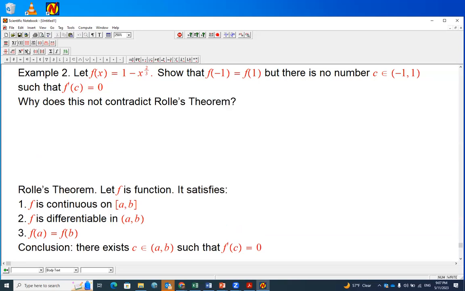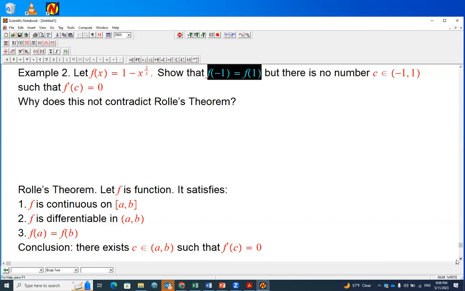Rolle's theorem says if all 3 conditions are satisfied, and here we are first asked to show f of -1 equals f of 1. But in our mind, you need to think about there are 3 conditions. Only after all 3 conditions are satisfied can we say the conclusion would apply. If one of the conditions isn't satisfied, right?